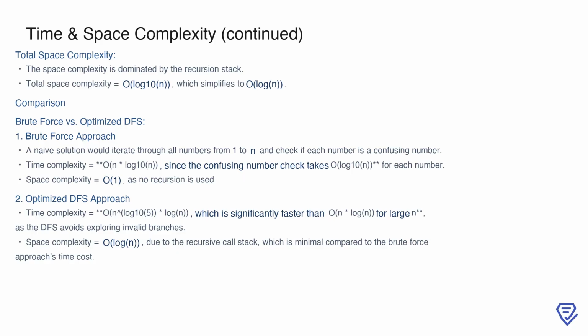By contrast, the optimized DFS approach is much faster for large n, as it avoids unnecessary checks by pruning invalid branches early. Its time complexity is O of n raised to the power of log base 10 of 5 times log of n, which grows significantly slower than the brute force O of n log n. The space complexity, while slightly higher at O of log n, is still very manageable given the performance improvements.